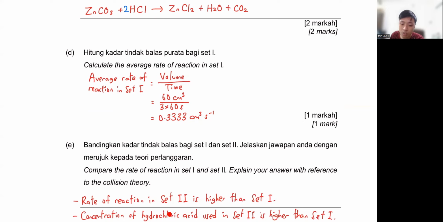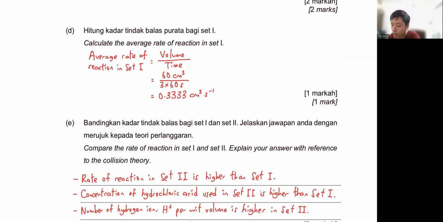You can say the concentration of hydrochloric acid used in set 2 is higher than set 1. Then you write number of hydrogen ions per unit volume. Concentration is always like this. Number of hydrogen ions per unit volume is higher in set 2.